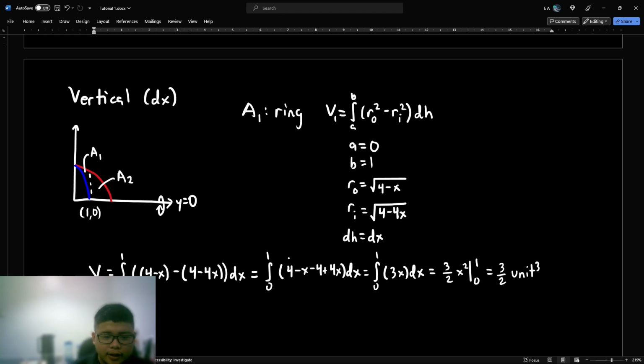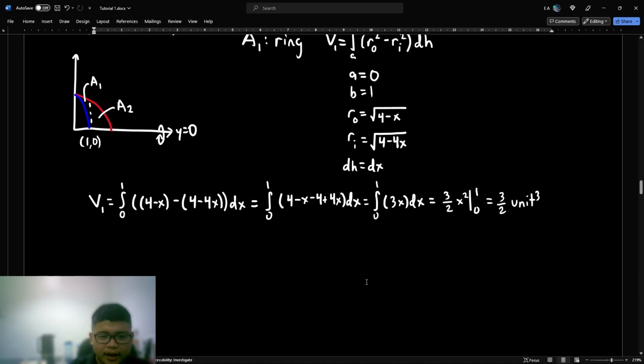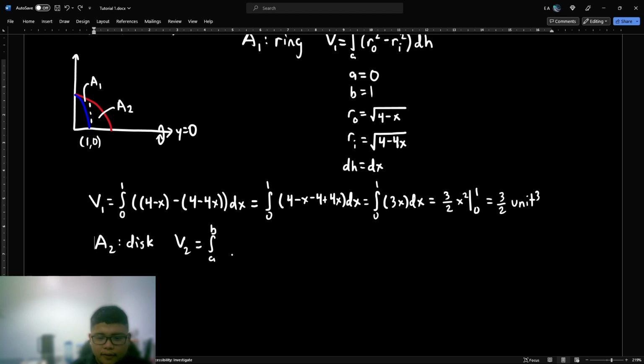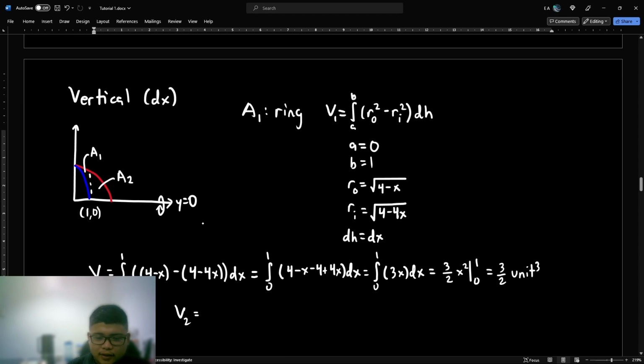But we are not yet done there because we still have area 2 to consider. Area 2 is what I like to call a disk, and its volume can be calculated by the integral from a to b of r squared dh. Well, I actually forgot one very important thing here for both of these.